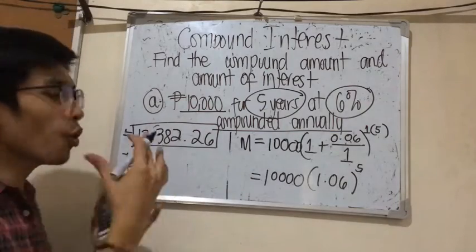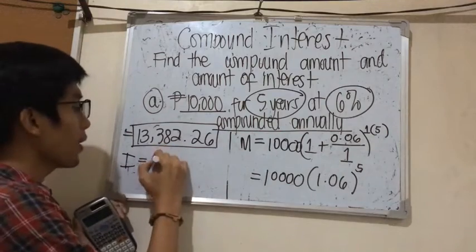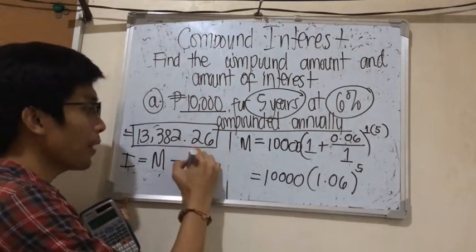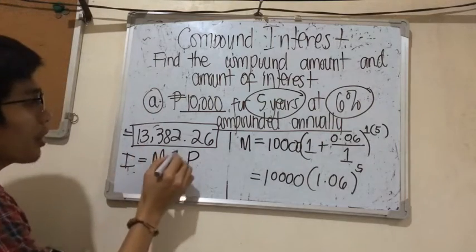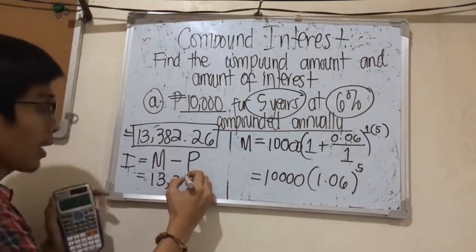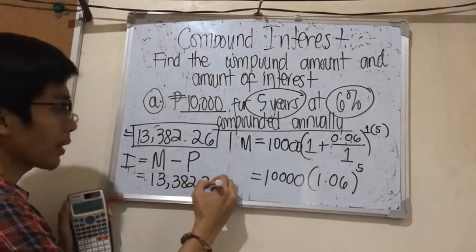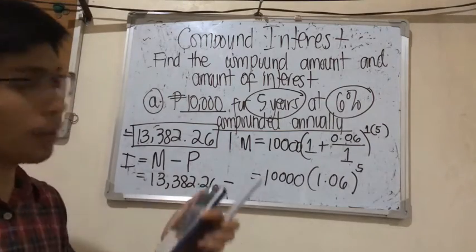Take note, in order to identify the interest owed, you have to subtract the principal amount from the maturity value. What is my maturity value? My maturity value here is 13,382.26.